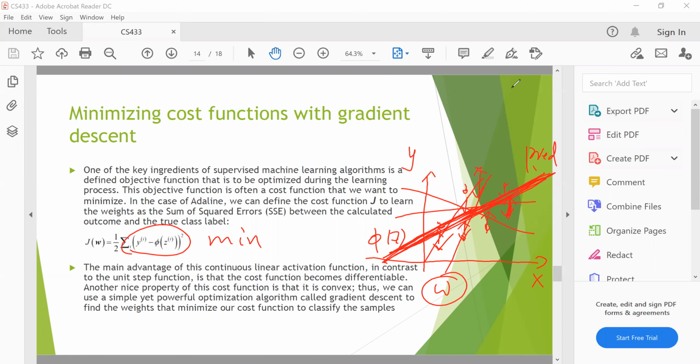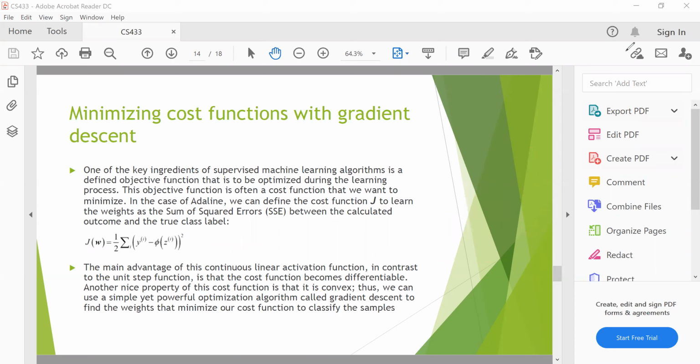of the gradient descent concept, okay? And here it says the main advantage of this linear activation function is that it is differentiable. Because it's y minus the sum of w_j x_j, regarding all of the weights.